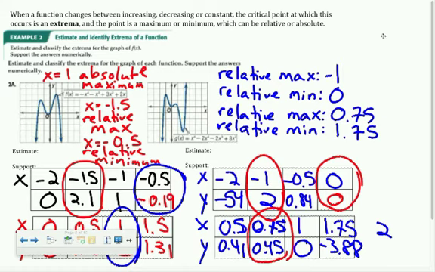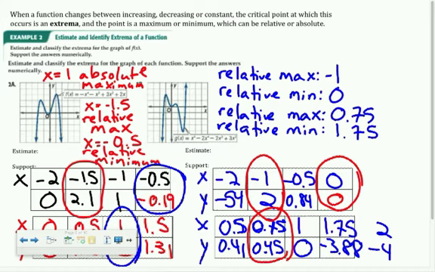And plugging in 2, which I hope will be the last value I need to plug in, I have 2 to the 5th power minus 2 times 2 to the 4th power minus 2 times 2 to the 3rd power plus 3 times 2 squared. And I get negative 4, which doesn't support my estimate of 1.75 being a relative minimum.